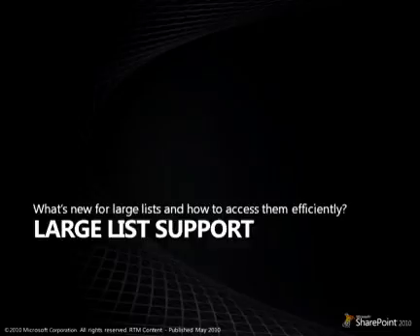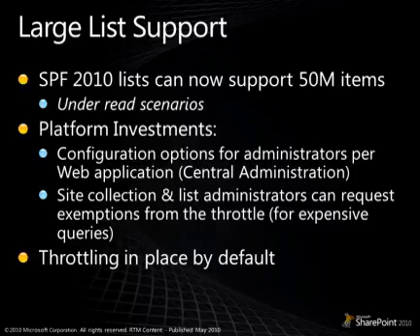So, moving on with different sections. In this section we'll cover the changes for large list support and how to access list information as efficiently as possible despite the amount of items within the list. SharePoint 2010 can support lists with a lot of data, but the larger the dataset gets, the bigger the burden queries put on the server.